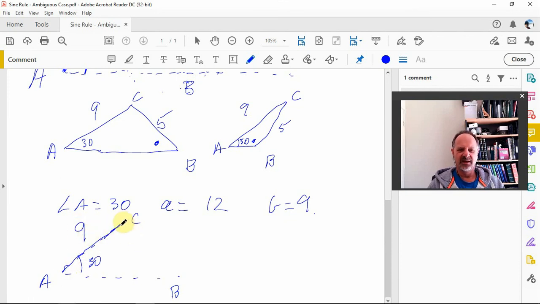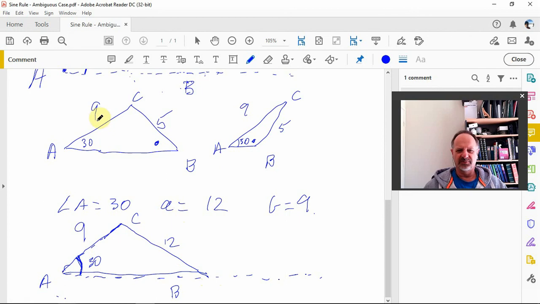Now, because this is now 12, and 12 is longer than the 9, if we have it swinging around, it's not actually going to swing past the bottom. So the only way we can get a 12 that crosses the line that creates our angle of 30 is for it to be out here. So that's what this triangle looks like.